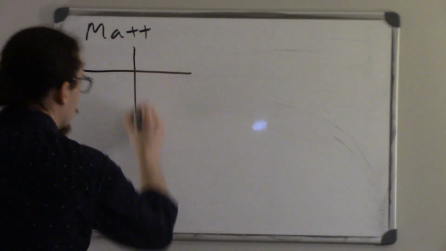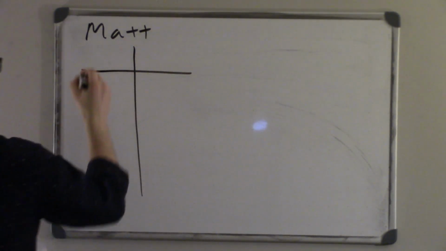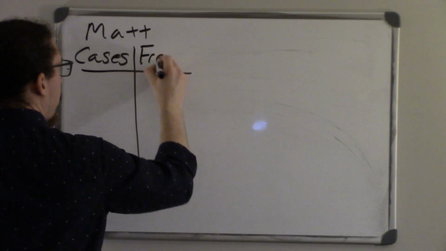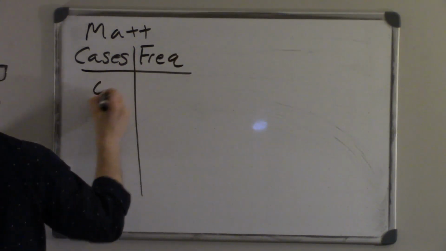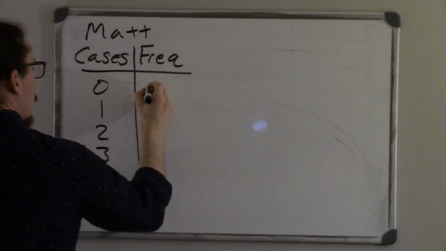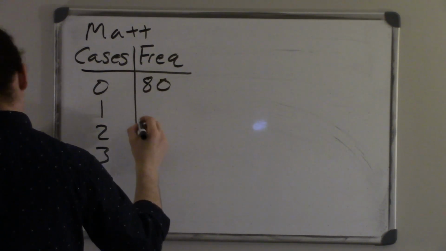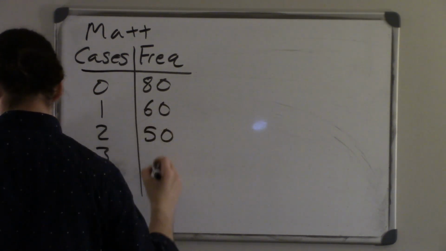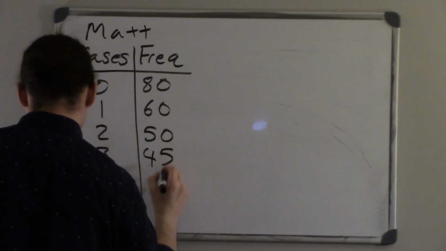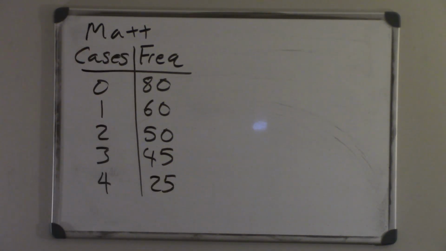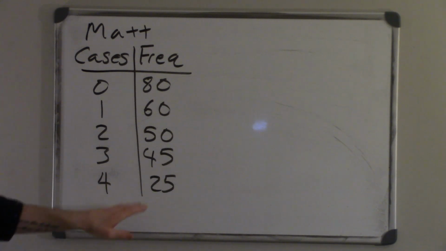He might have that information in this format. He might essentially just have a frequency distribution, and we might be given this information here. We're going to move through this a little quickly.